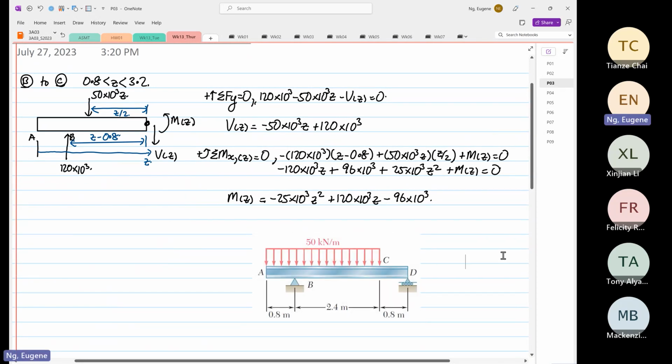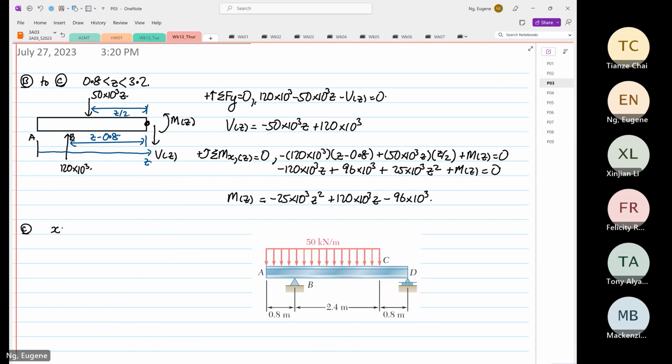At point C, where x is equal to 3.2 meters, right, I'm going to do something different. I'll show you what. The geometric datum will still be on the left hand side. Okay, so this is our 3.2.